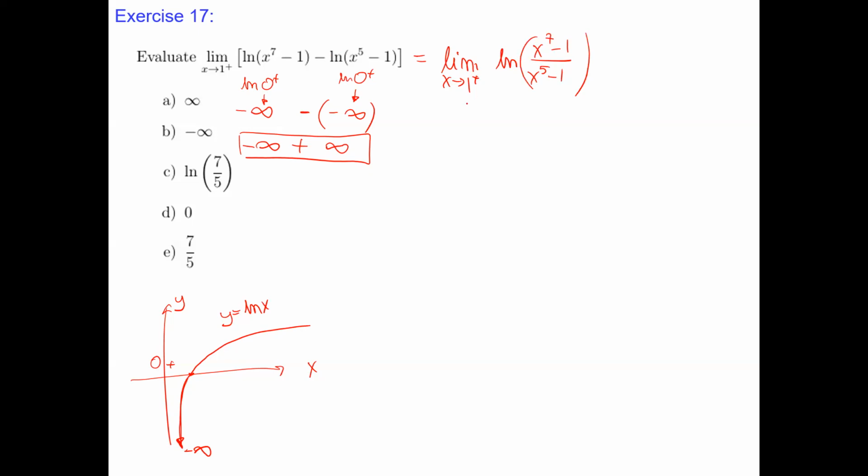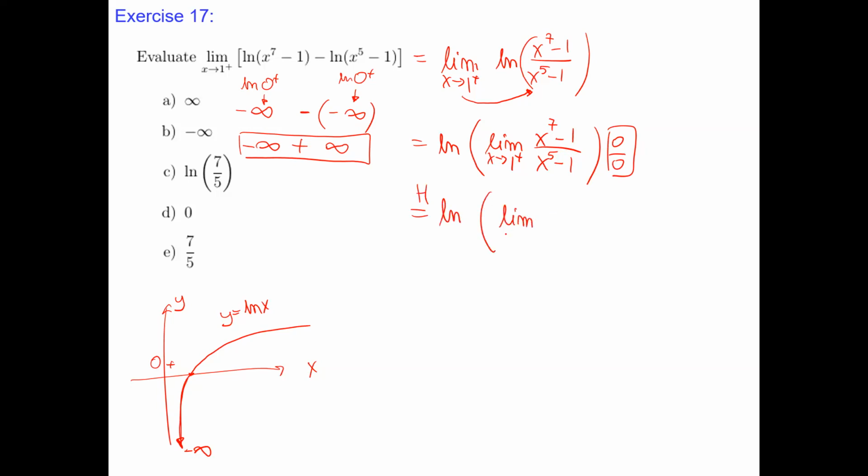And now, since this is a continuous function, the logarithmic function will stay outside, and the limit we have to compute is for the inner function: x to the power of 7 minus 1 over x to the power of 5 minus 1, as x goes to 1. Okay, I really thought that this is a limit at infinity, then it would be easy to figure out, but no, I think we definitely have 0 over 0 inside. We will apply the L'Hopital rule.